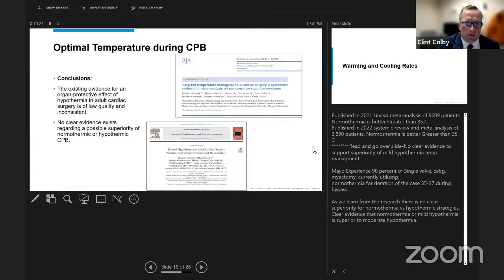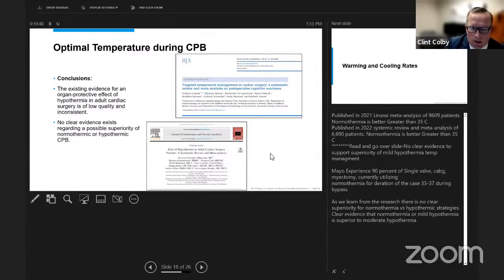Here, these were big meta-analysis studies. The top one here was published in 2021, covered 9,609 patients. This is from the actual article. The existing evidence for an organ protective effect of hypothermia in adult cardiac surgery is low and inconsistent.